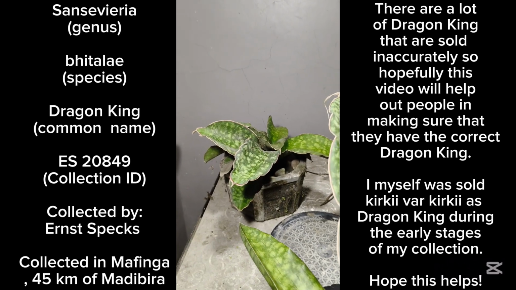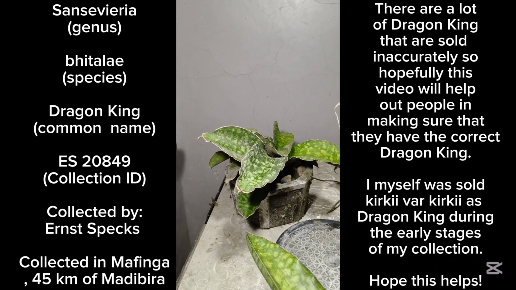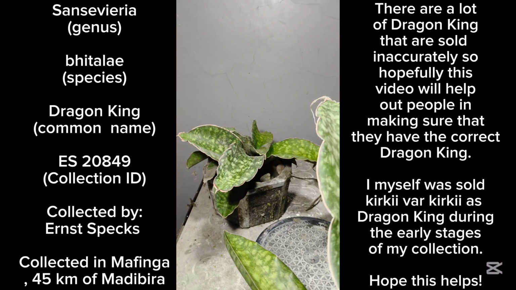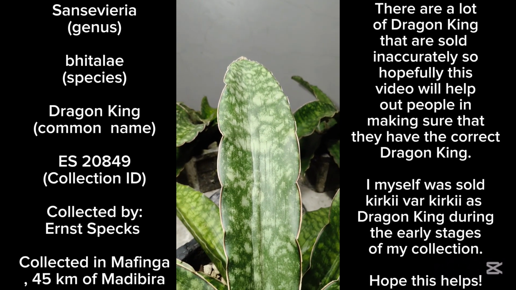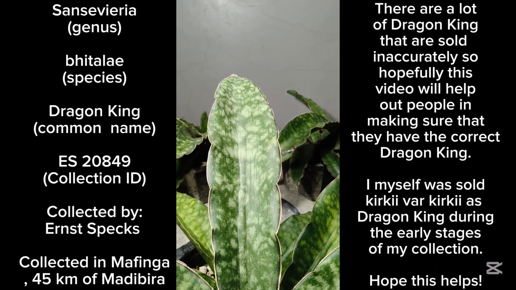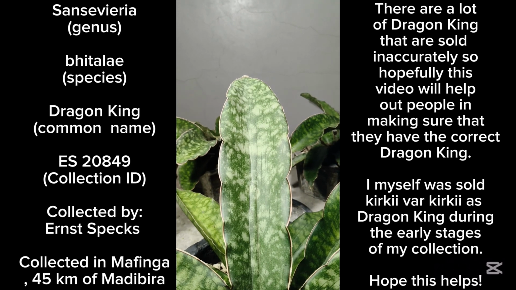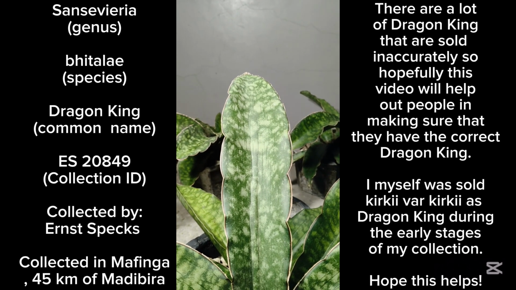So it's very inaccurate to call them Mafinga, because there are several Sansevieria bhitalaes that were found in Mafinga, and bhitalaes are not exclusively found in Mafinga. They can be found in other places of Tanzania or other places of Africa.